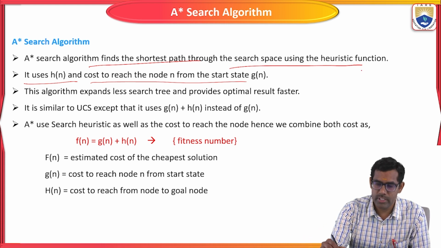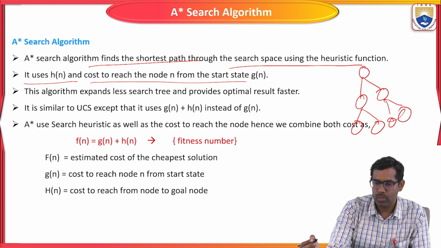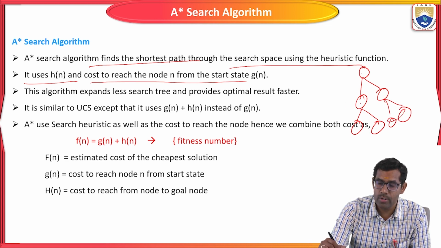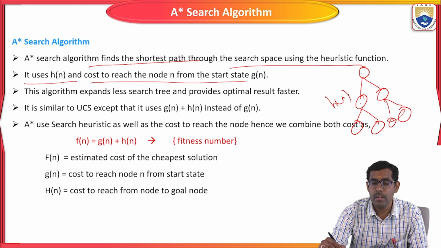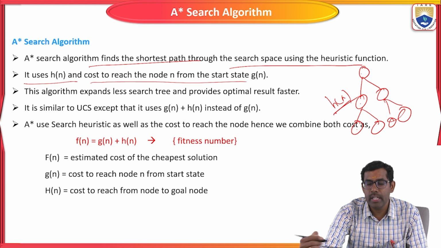For example, previously we have some n number of nodes. For each and every node we have some heuristic function. Based on this heuristic function, we find the path between these nodes.